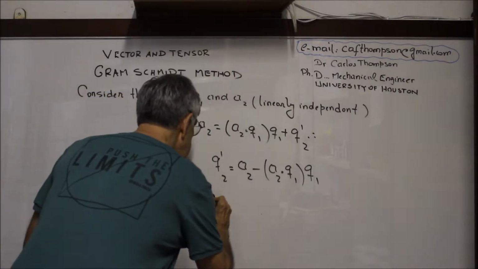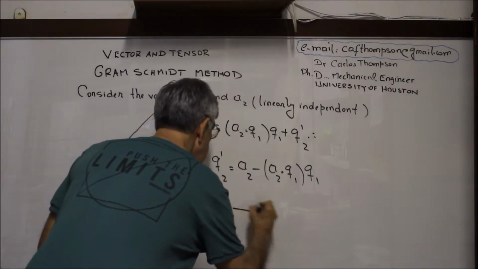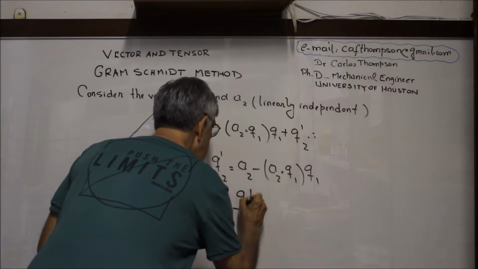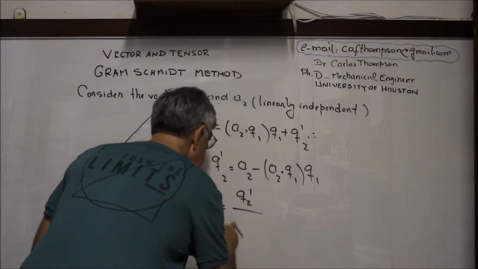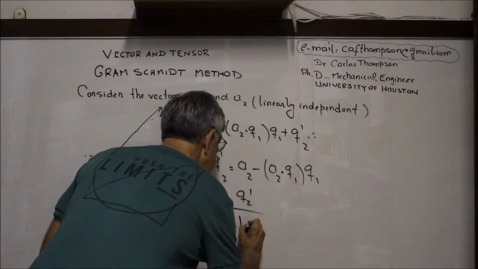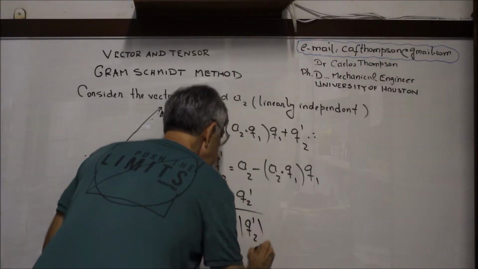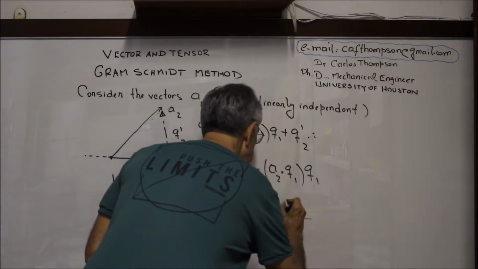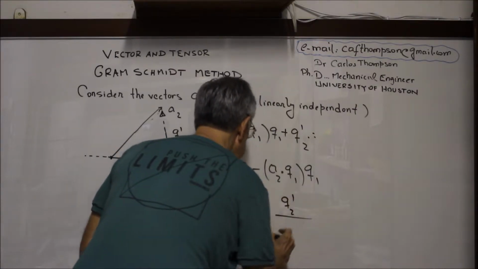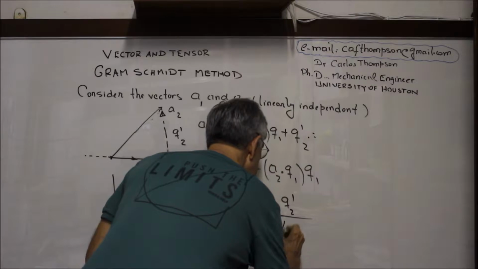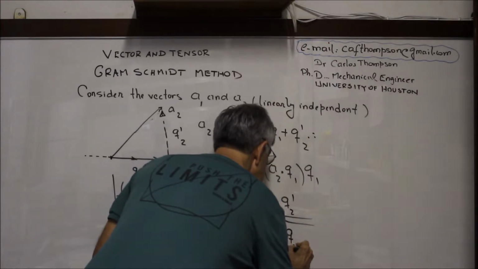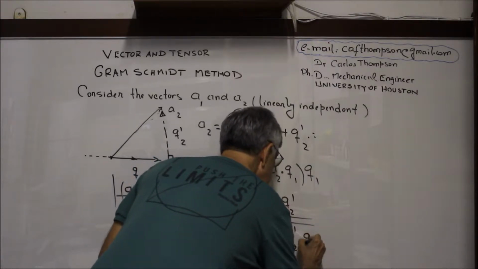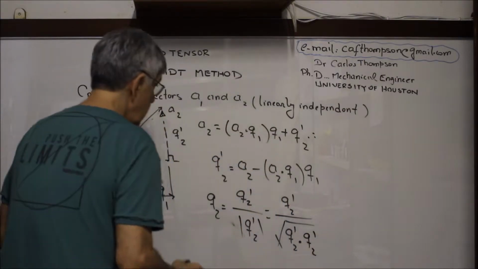So then Q2 is equal to Q2 prime divided by the magnitude of Q2 prime. You see how easy it is? This magnitude is the square root of Q2 prime dot Q2 prime.